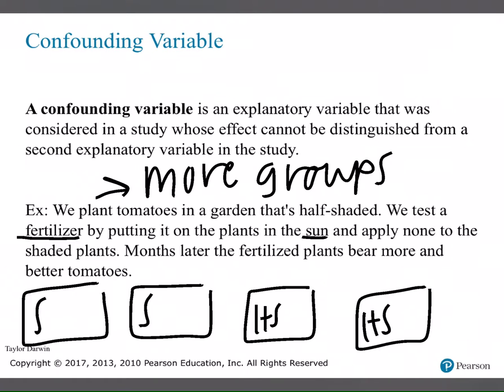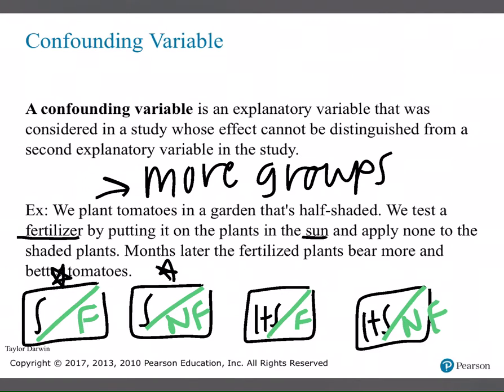And then to figure out if it's the sun or the fertilizer, we could do a group with fertilizer and sun, no fertilizer and sun, half shaded with fertilizer, half shaded with no fertilizer, and maybe after the experiment, if these do really well, then we know it's the sun. If just the fertilized ones do really well, then we know it's the fertilizer. So that's how we can try to control the confounding variable.